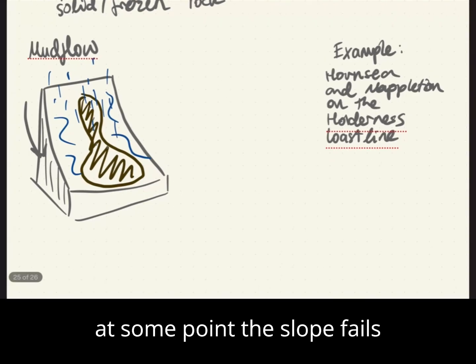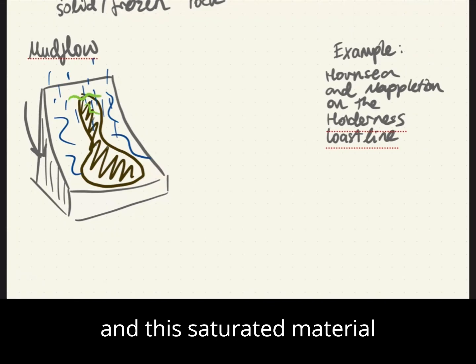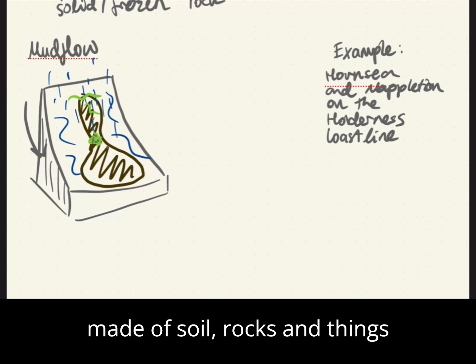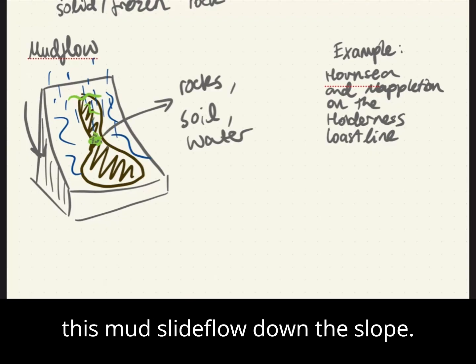Then at some point the slope fails and this saturated material, made of soil, rocks and things, flows down this hill and makes this mud slide flow down the slope.